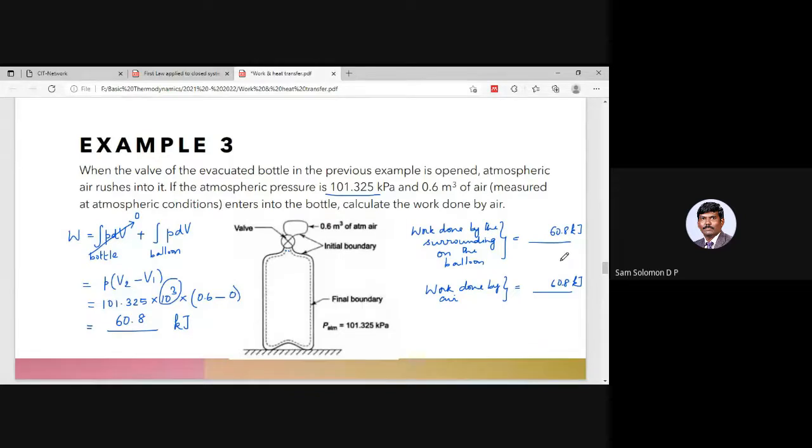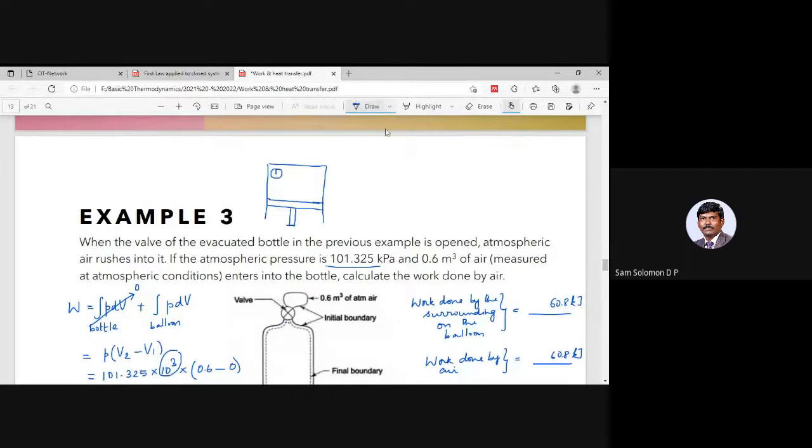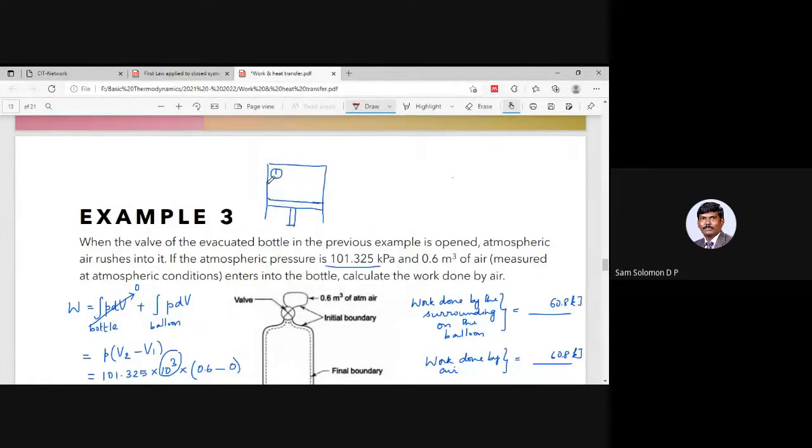Okay, so let me explain this with another example. I have a cylinder piston arrangement. Let me say this is state 1, when I have maximum volume. And this is my state 2, when my piston moves from here to here, reducing the volume to V2.